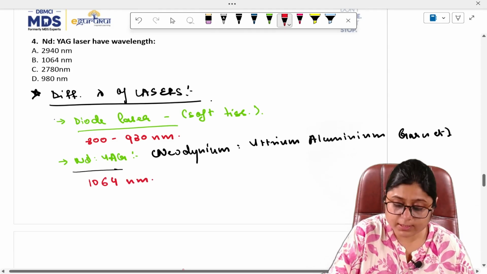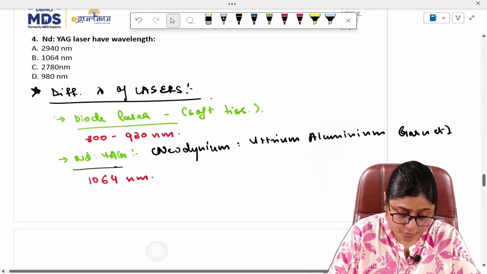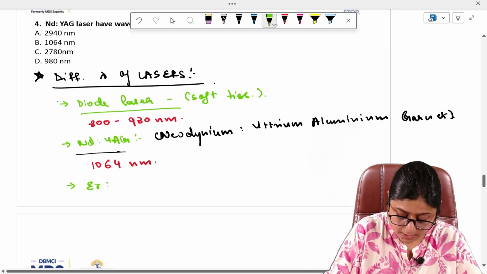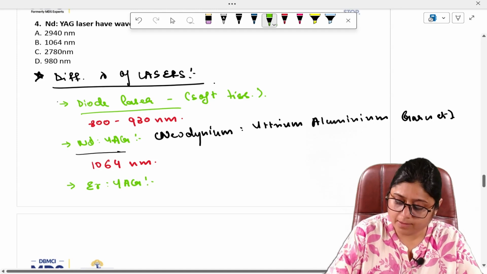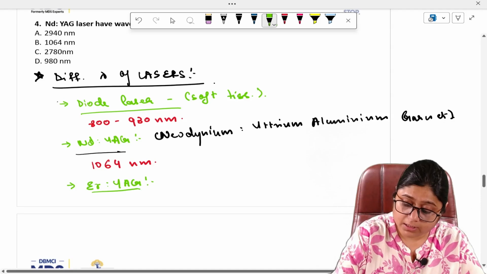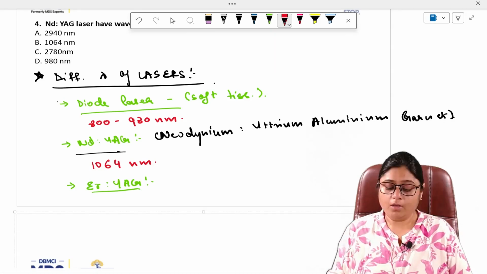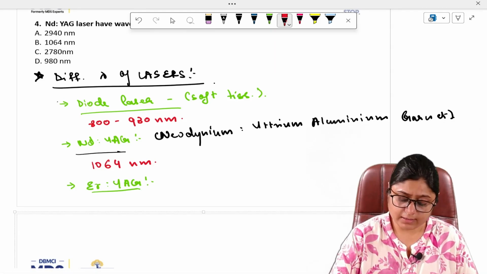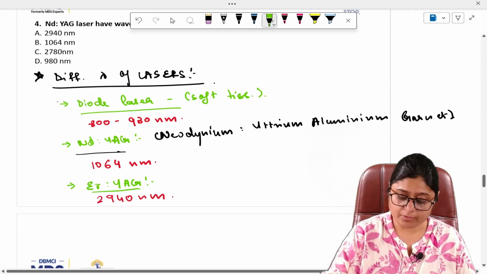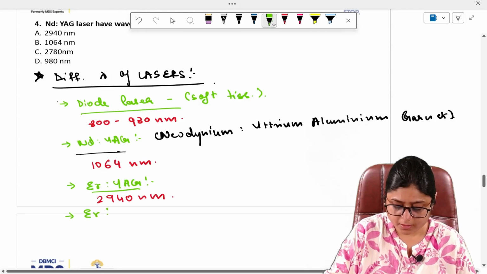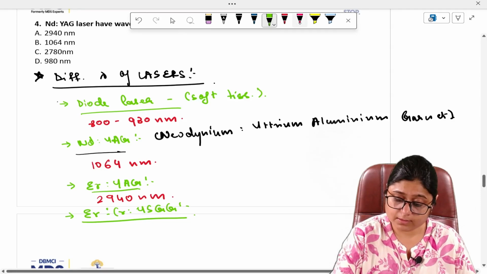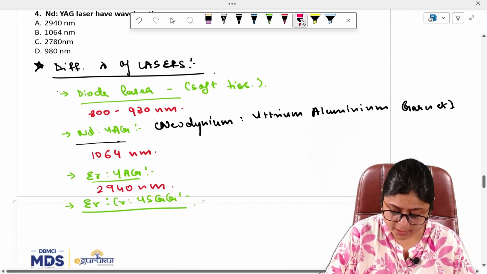1064 nanometers. Next is erbium YAG. Same yttrium aluminum garnet, but instead of neodymium there is erbium used, and the wavelength of erbium YAG is 2940 nanometers, and the wavelength for erbium chromium YSGG is 2780.